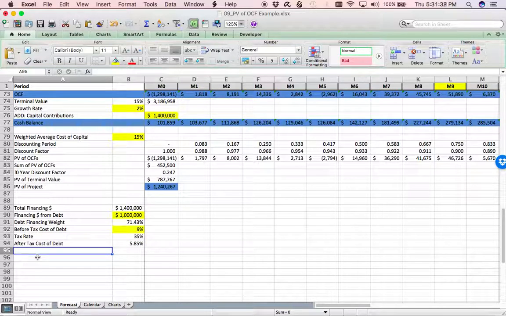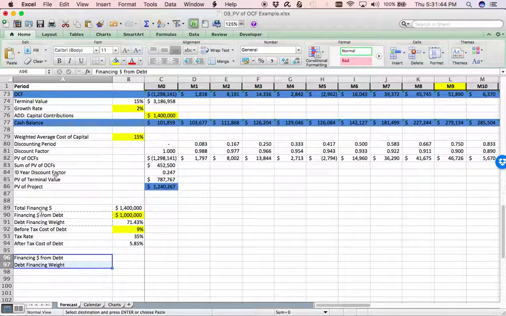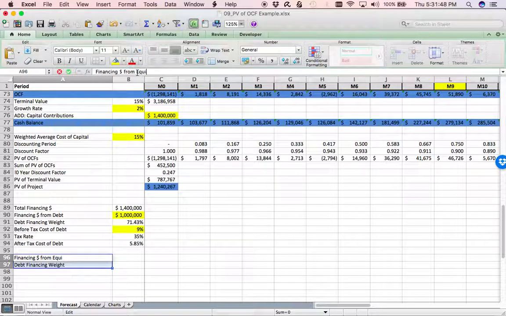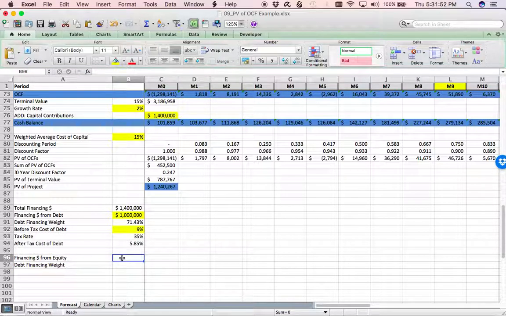And then let's do, I'll borrow these two labels, makes it easier for me. So financing dollars from equity. All right, and I don't need to plug this in. It's just equal to whatever my total is less whatever I'm going to receive from debt. So it has to be.